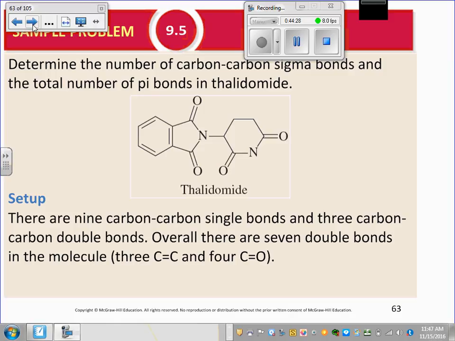The one below it is 5. Start on this right ring, where the nitrogen is connected to the carbon at the top, and it's where we were: 3, 4, 5, 6. The carbon over is 7. Carbon down to the carbon double bonded to oxygen is 8. And then over here, down to this carbon double bonded to oxygen is 9. So we have 9 carbon-carbon single bonds.